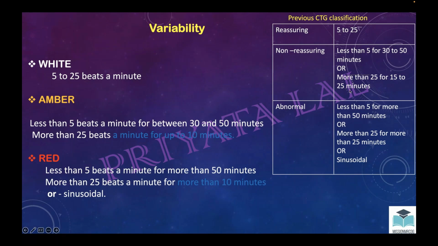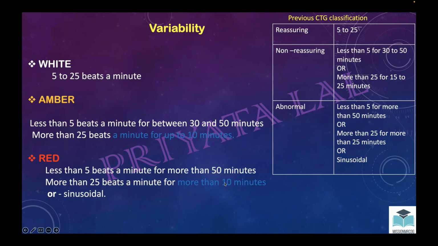Wherever there is a change in the guideline, just make sure you are getting questions from there. Red will be less than 5 for more than 30 minutes, and more than 25 for more than 10 minutes. Again here it was 25 and they have made it 10.